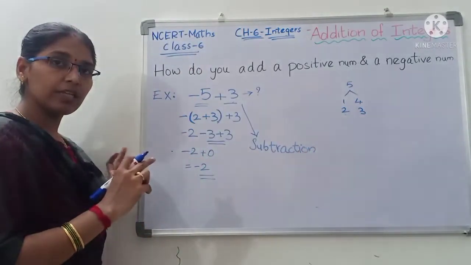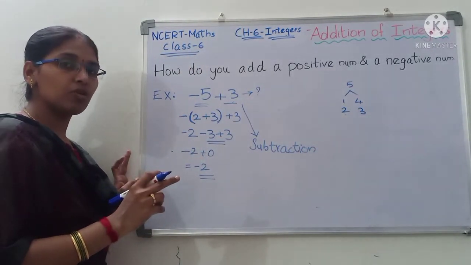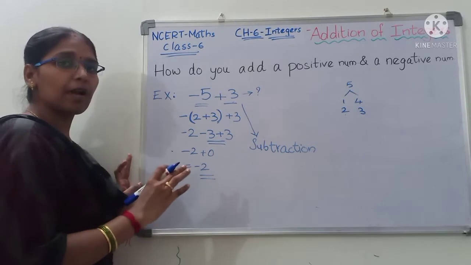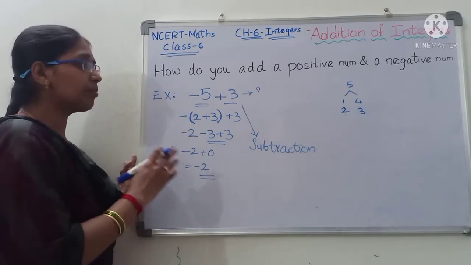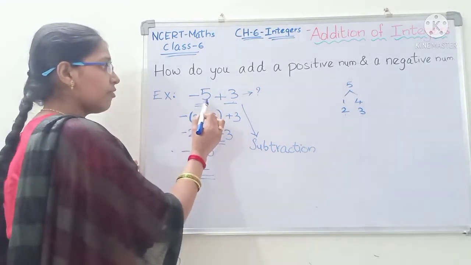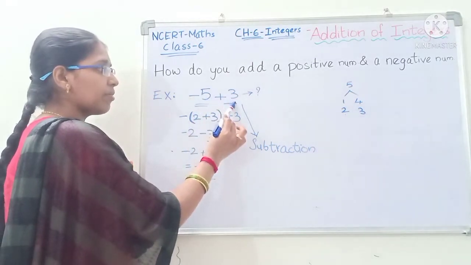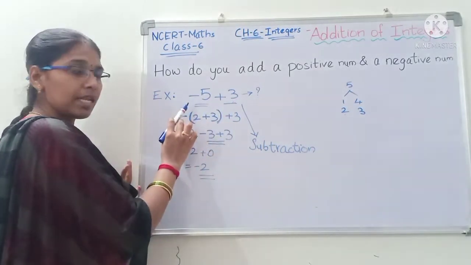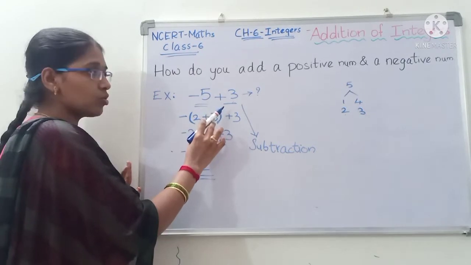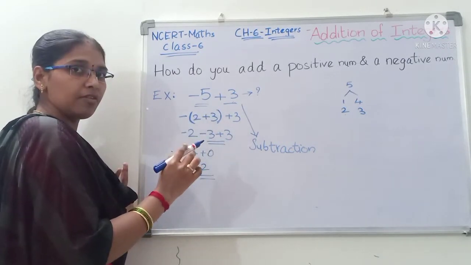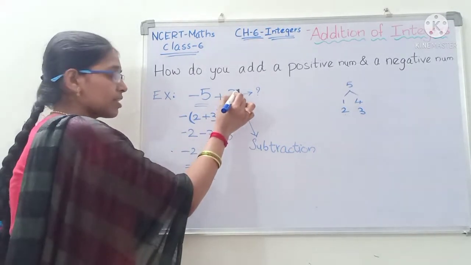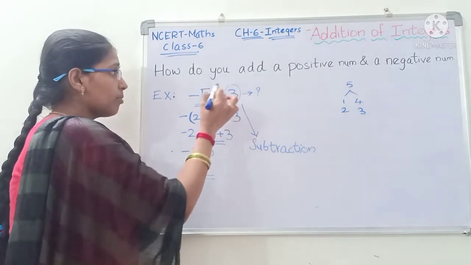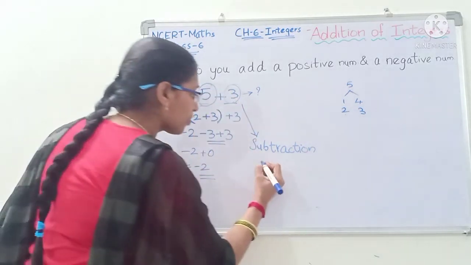You should just subtract the smaller number from the big number. Here one number is 5 and one number is 3. One number has a negative sign, one has a positive sign. If the two signs are different, just subtract the smaller number from the big number.